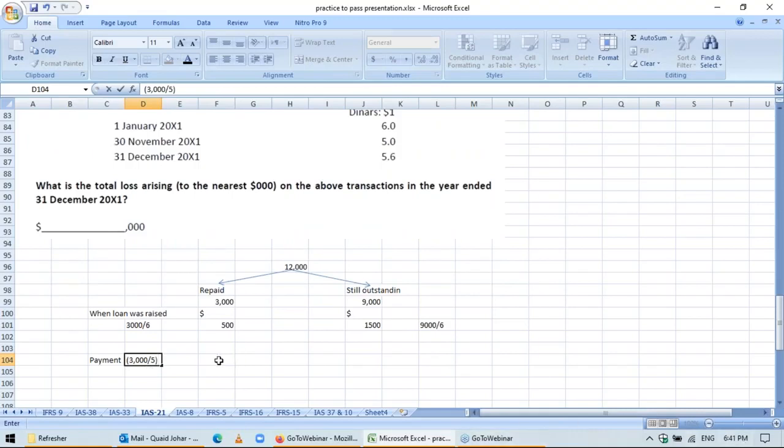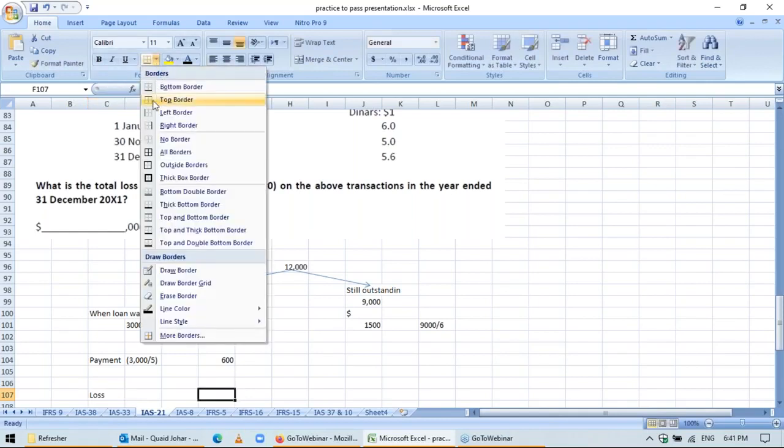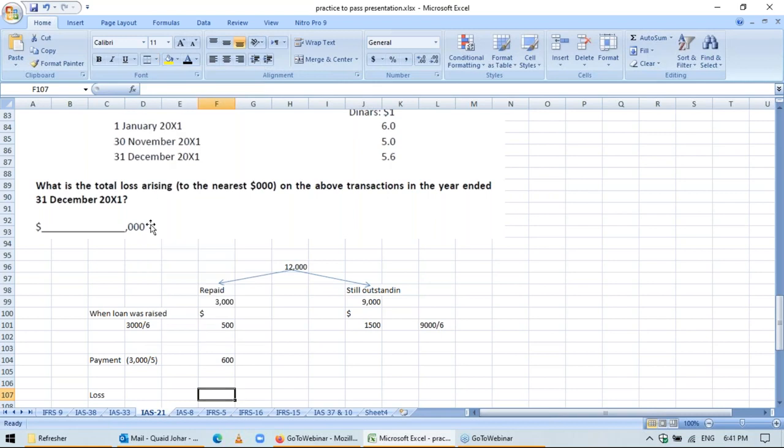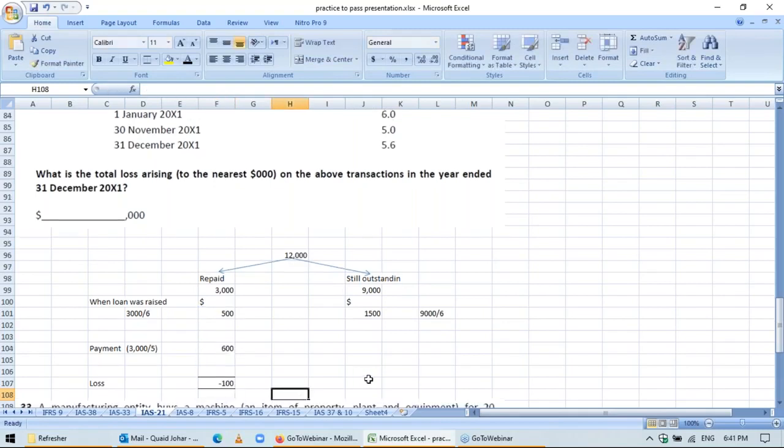So in dollars, they have made a payment of 3,000 divided by 5. This is 600. Right? So they have incurred a loss. They have paid more. Instead of $500, they are paying 600. So a loss of 100.